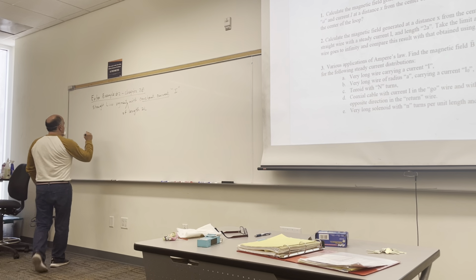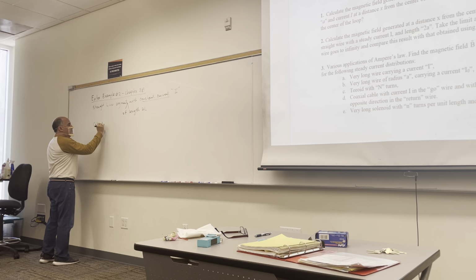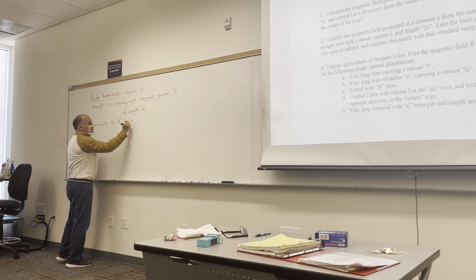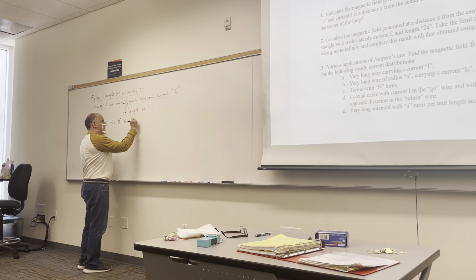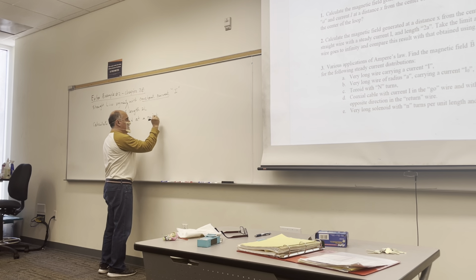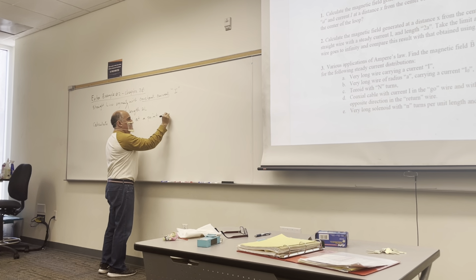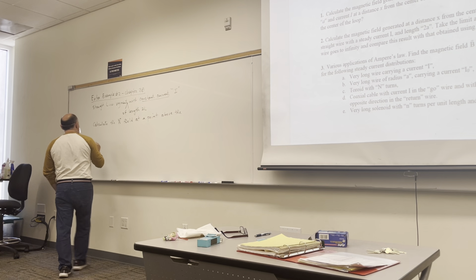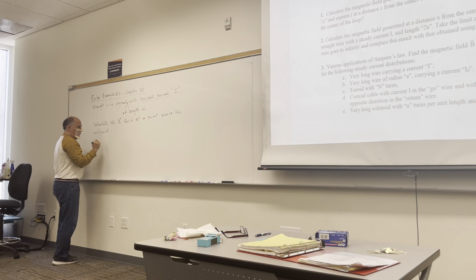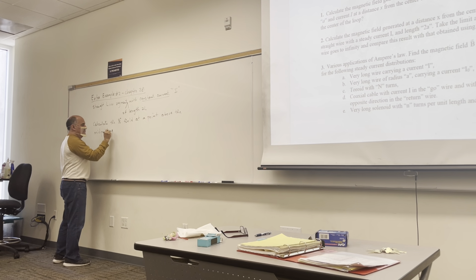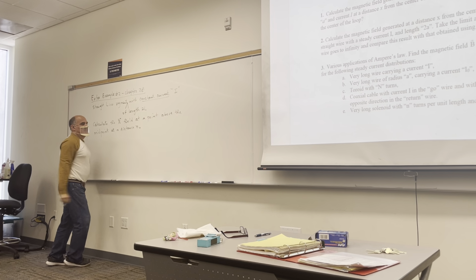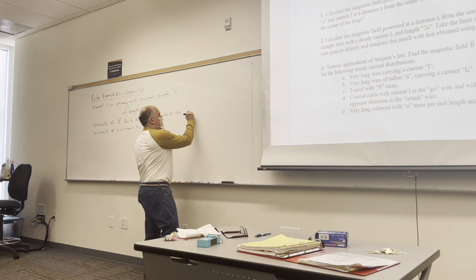And we want to calculate the magnetic field at a point above the midpoint at a distance Z. So in other words, we have something like this.